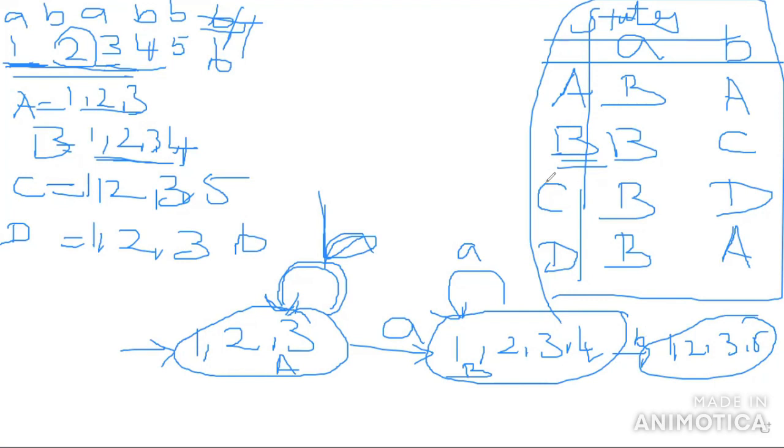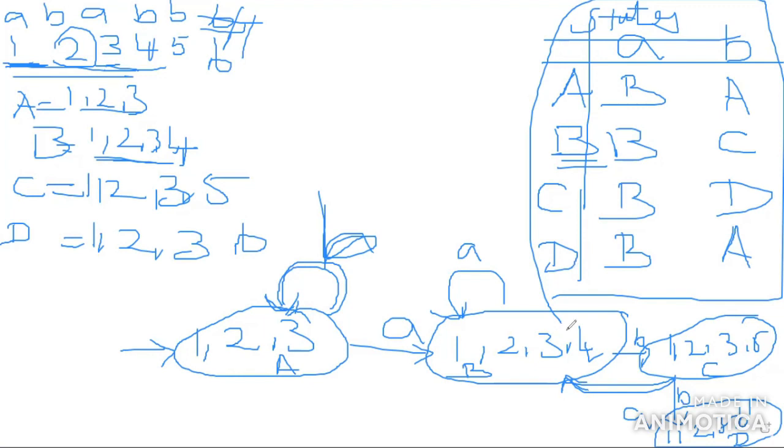Now let's go to the C. C, A is capital B. So this is for capital C. Then C, B can move to D. Okay. Now you can draw the D diagram. {1, 2, 3, 6} is marked as capital D. So C on input symbol A is B, C on input symbol B is D. Okay.